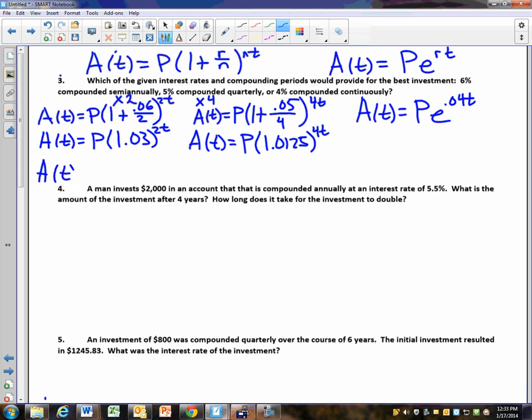So the amount at time t is equal to principal times 1.0609 to the t power. Now I have just the P and the t, and I can focus on that number.